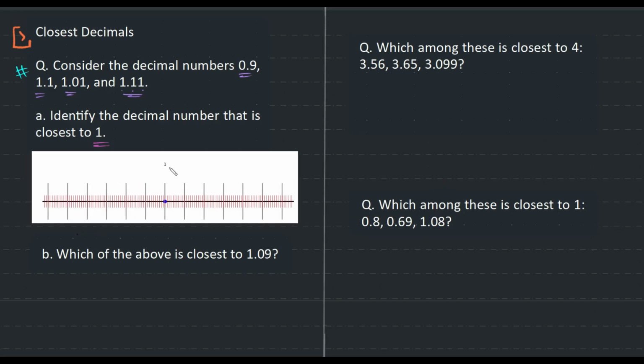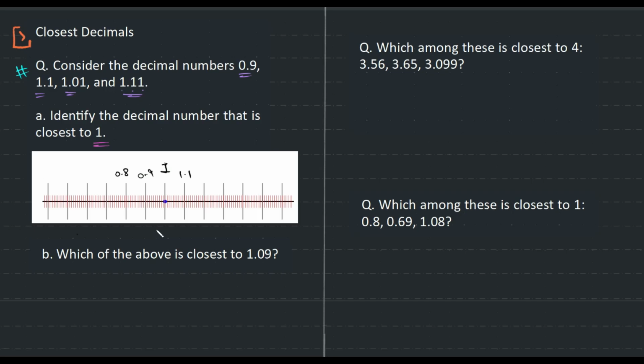Okay, so we have 1 over here. That's too small for you guys. So this is where 1 is. And forget about everything else. Let's just mark the values 0.9. So remember, these big ticks are your 1/10, 0.8, and this is 1.1, and so on. Now we have 1.01.